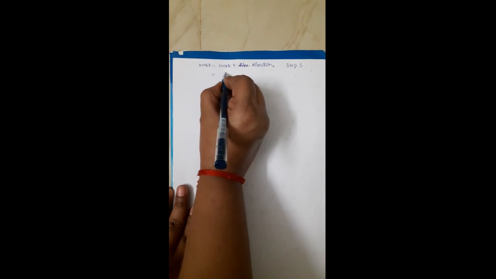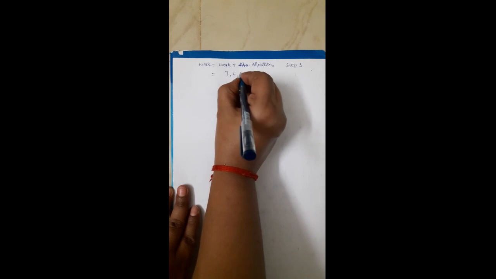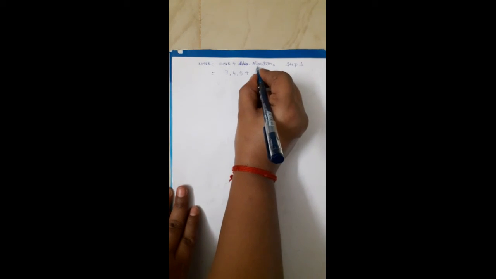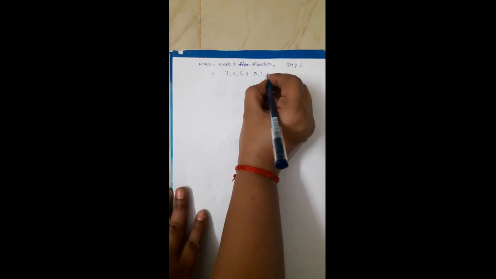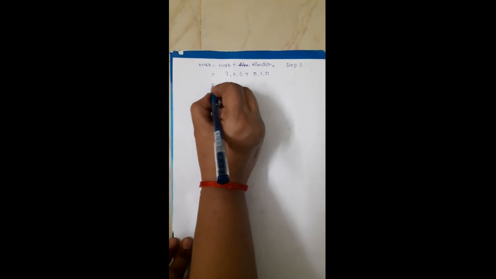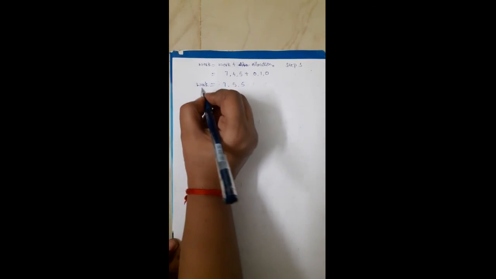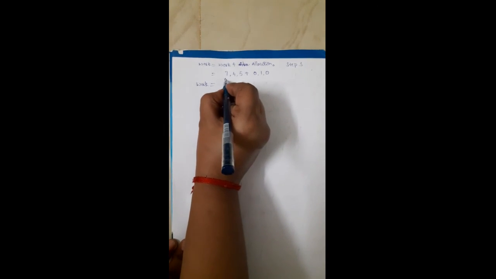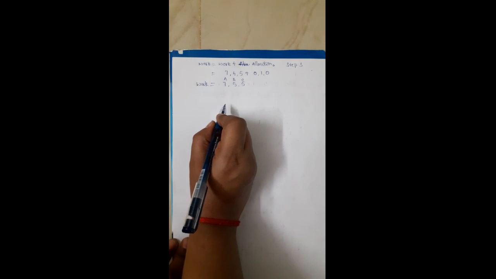It is 7 4 5 plus allocation of P0, which you can check in the allocation column. So this is 7, add it up, 5, 5. So now work value is 7, 5, 5. This is A, this is B, and this is C. I hope this is clear to everyone, right?